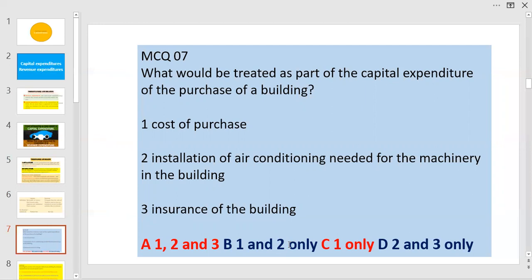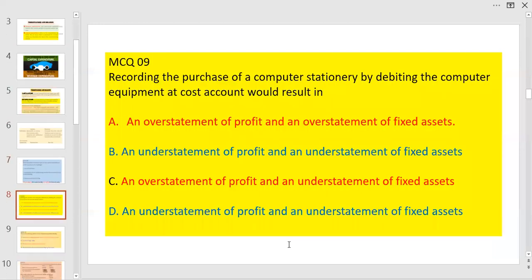A is the answer. Okay, the next question. Recording the purchase of computer stationery by debiting the computer equipment at cost account would result in, please note, computer stationery, a revenue expenditure, computer equipment, a capital expenditure. A revenue expenditure by mistake shown as a capital expenditure, what impact will it have on the accounts?